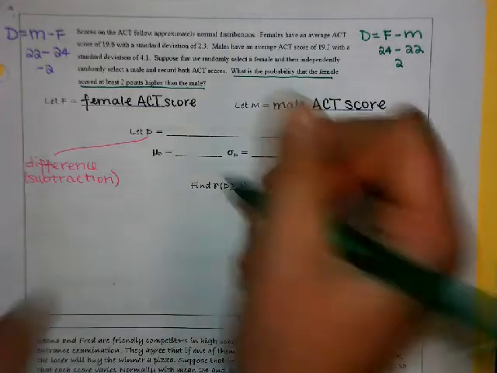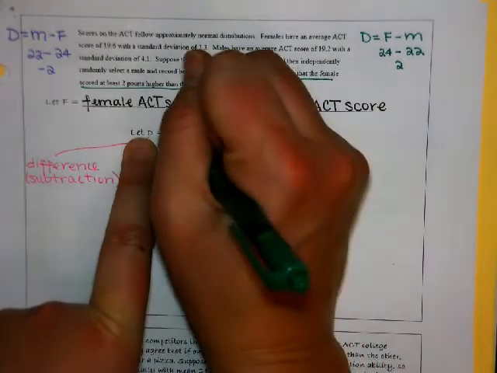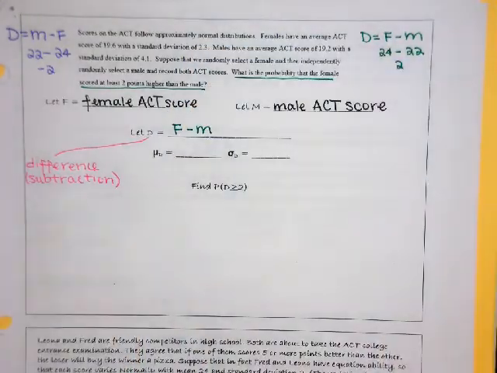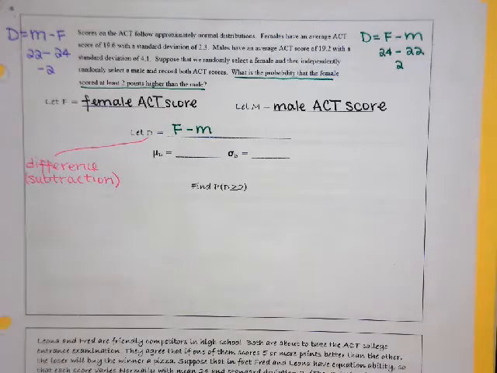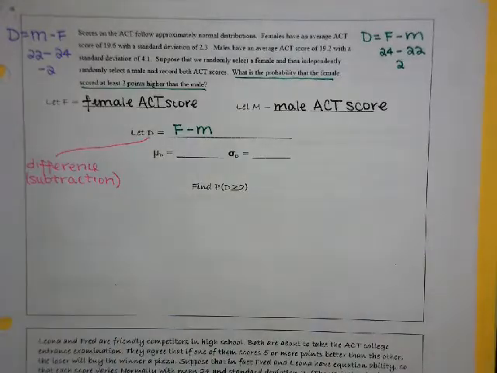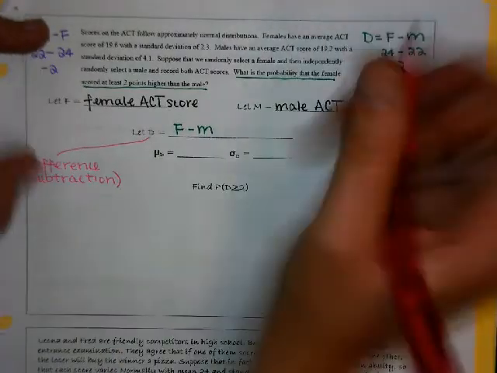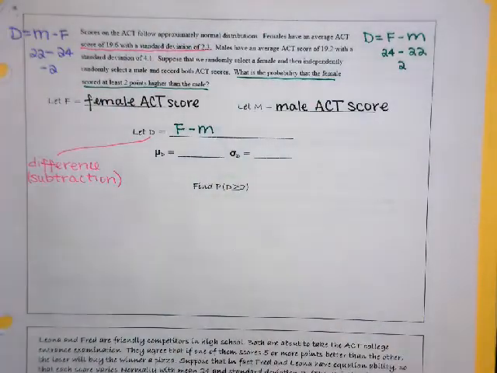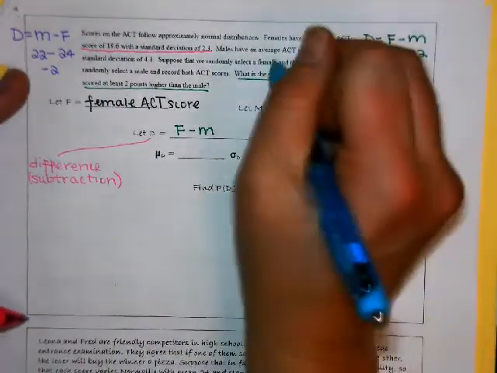Now, to find our average difference, or the mean for D, we know that females have an average score of 19.6, standard deviation of 2.3. Males have an average 19.2, standard deviation of 4.1. Averages are nice and simple. We can subtract them.